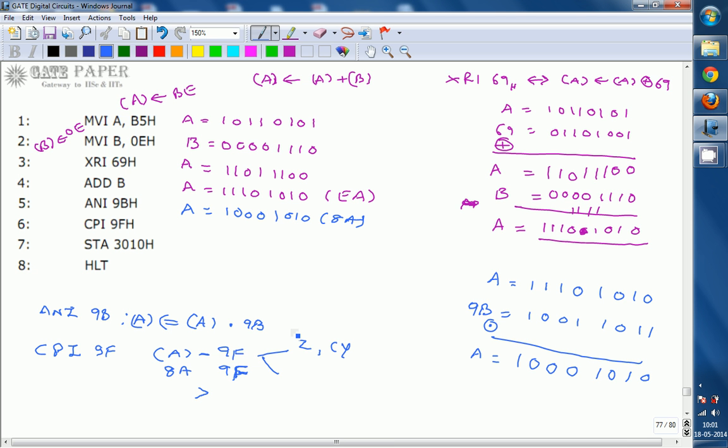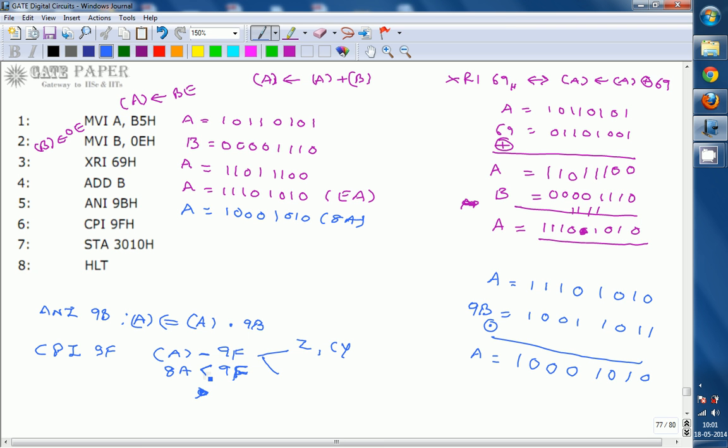Remember that one. The zero flag and carry flag are set or reset depending on the subtraction performed between the accumulator and data, but nothing will be modified except the flags. So now in this case the accumulator contents are smaller than 9F.